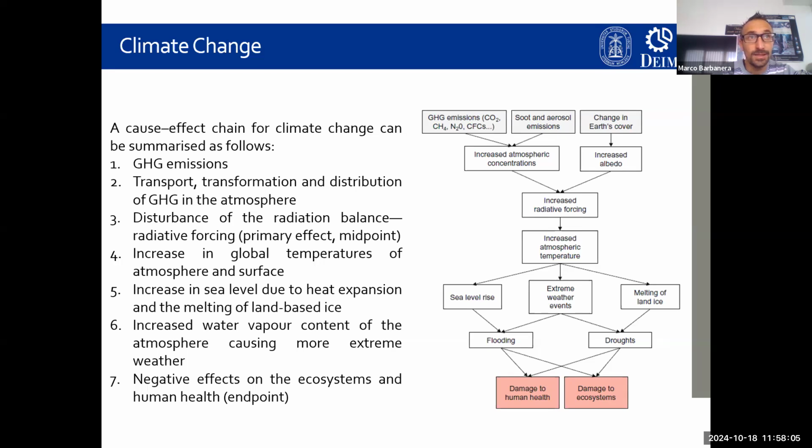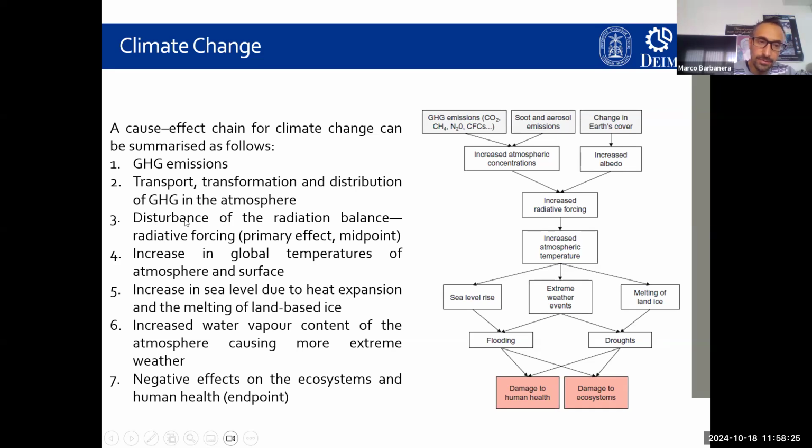Because the energy associated with the infrared radiation remains on the Earth's surface and cannot reach space. This is the meaning of disturbance of the radiation balance.